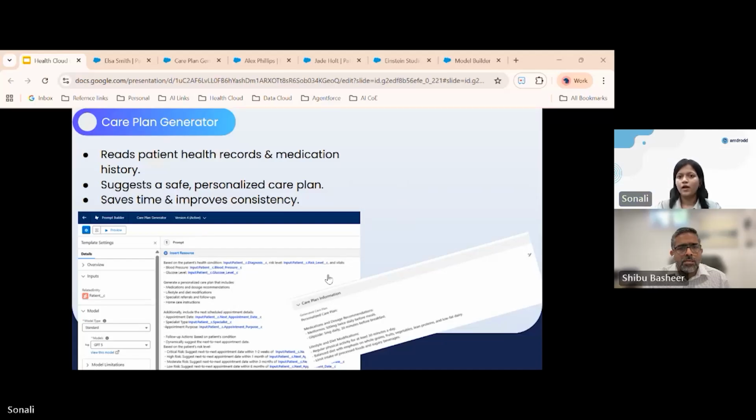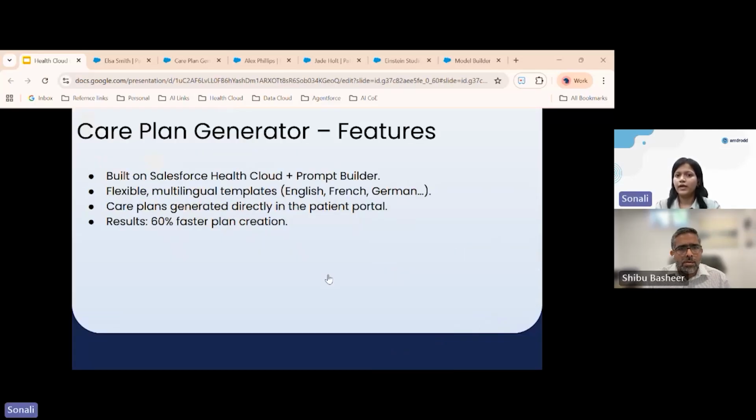paperwork. And from the technical perspective, it's built on Salesforce Health Cloud along with Prompt Builder, and it becomes very flexible since we are using Prompt Builder, and it supports multilingual templates. Another key feature that I would like to highlight here is that these care plans are visible directly on the patient portal.